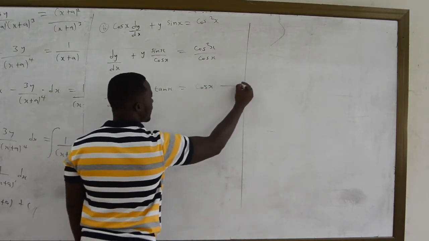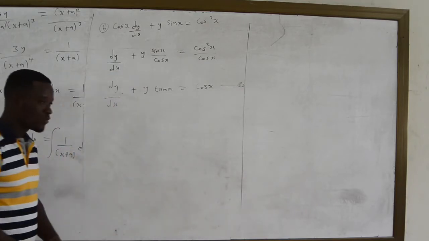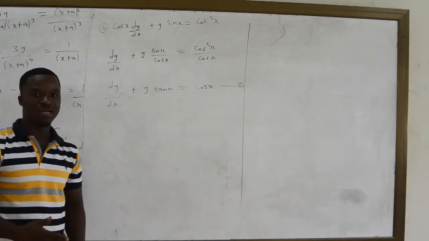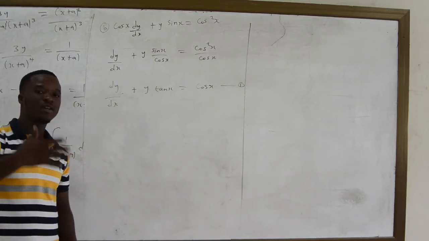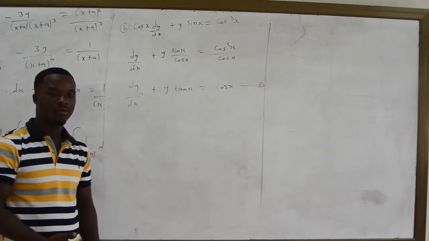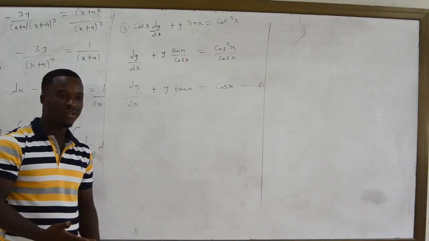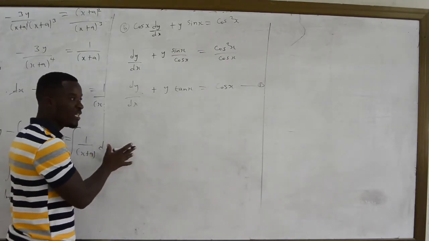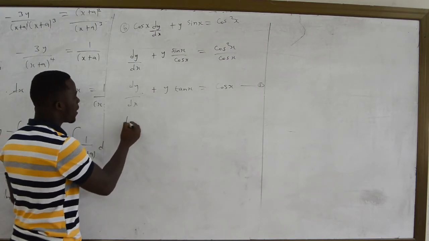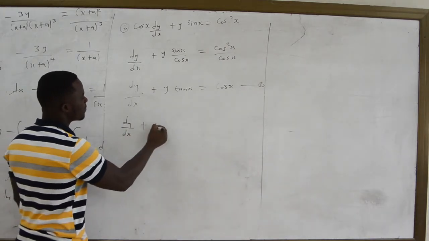I will name this my equation 1. We are done with the first step in the linear first order approach. The second step is to find the integrating factor r. How to find the integrating factor r? Let me compare this one to the original form of linear first order. We have dy dx plus p of what?